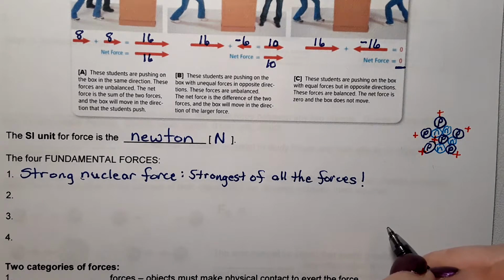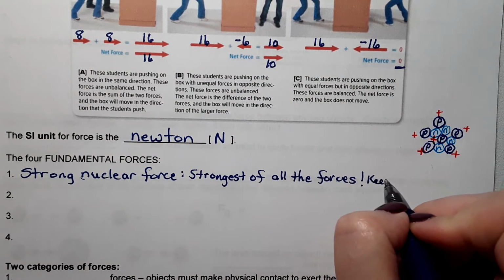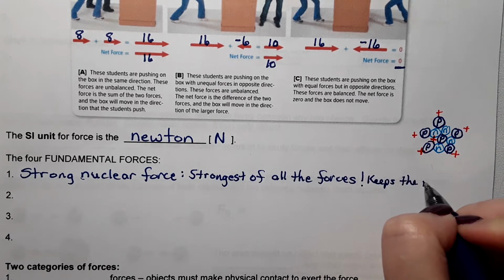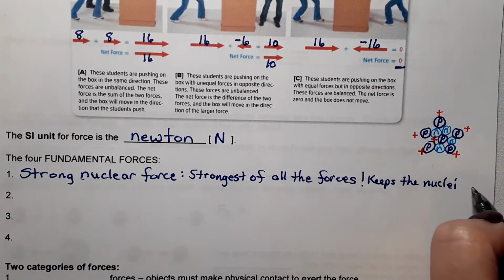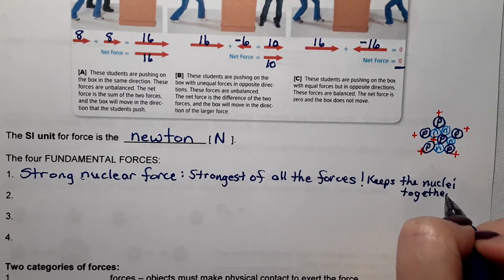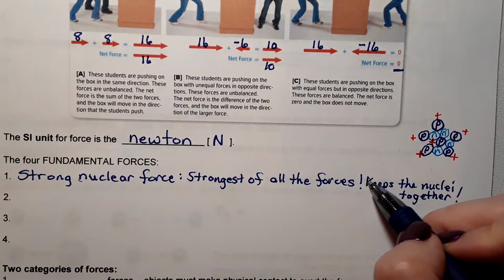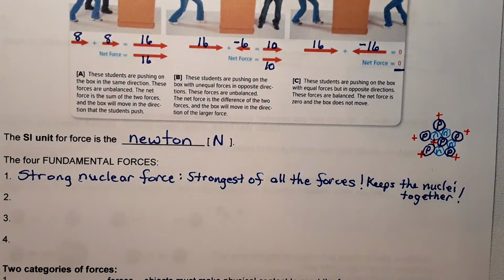It's the strongest of all the fundamental forces, and it keeps the nuclei of the atoms, let me put it down here, together. There we go. Keeps the nuclei together, keeps them from flying apart from that electric repulsion.